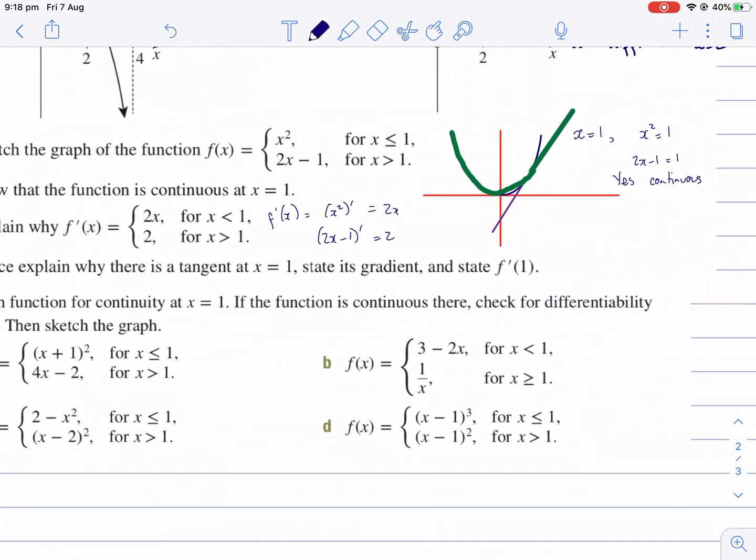Ah, I was right, there is a tangent. Nice.